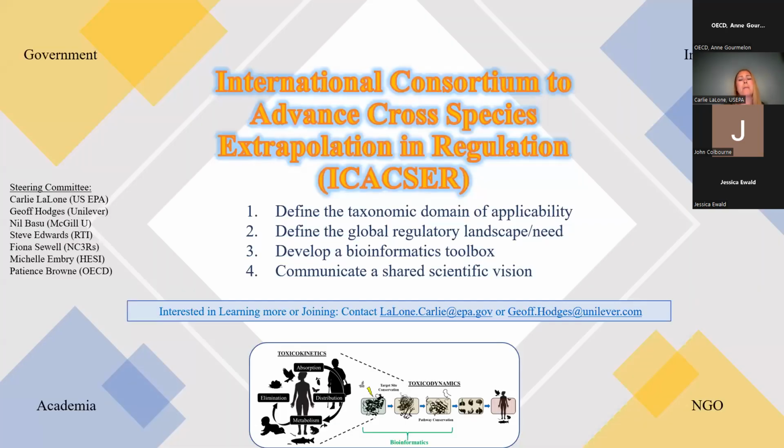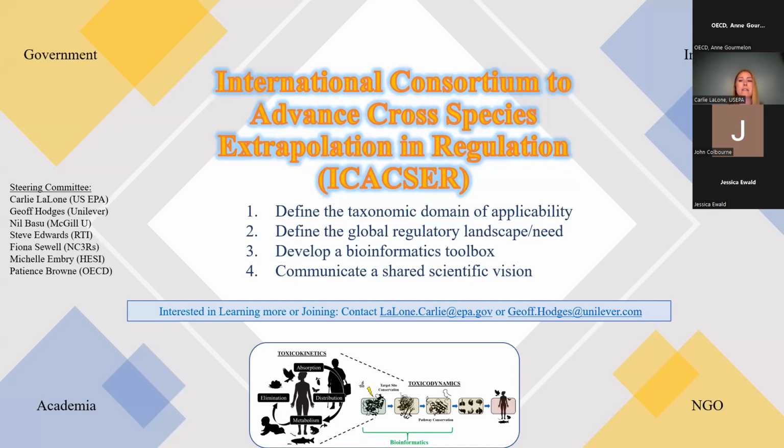And then to wrap up, we've heard from multiple different groups across the globe: the US as well as Canada, as well as the EU. And one of the efforts that we've been leading is generating an international consortium to advance cross-species extrapolation and regulation. So, ICASER.